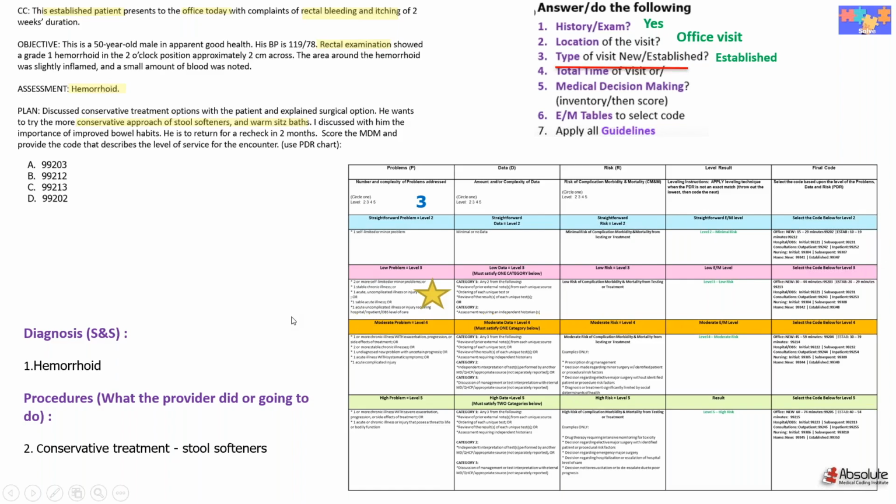I would see it under an acute, uncomplicated illness or injury. Once again, this has been going on for around 2 weeks, so that again falls under a low problem. But I selected one acute, uncomplicated illness or injury. And how about the data? Minimal or no data. I didn't see any data that has been reviewed in this scenario.